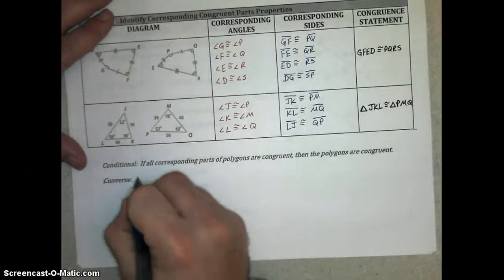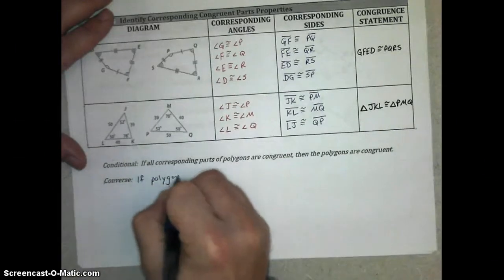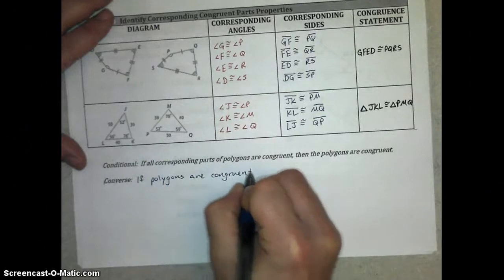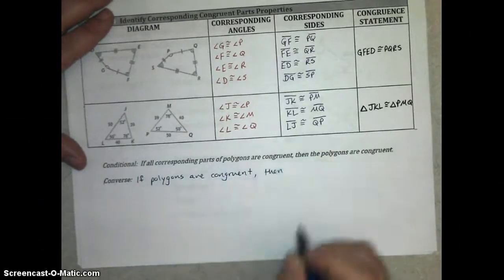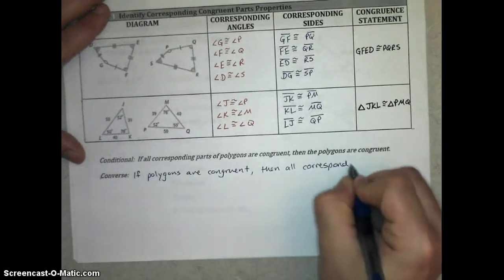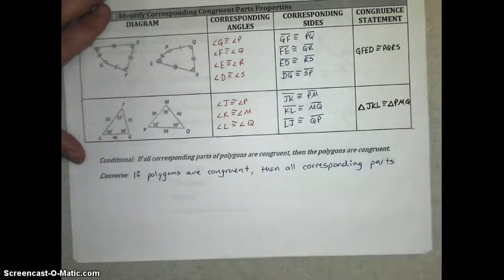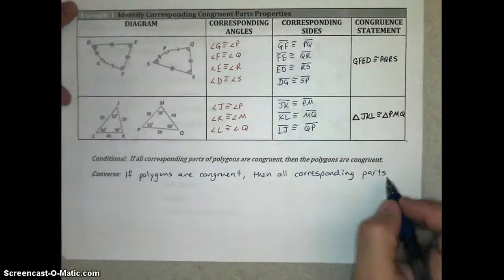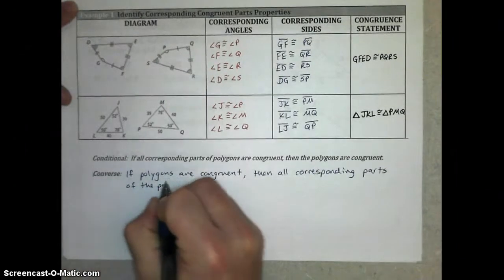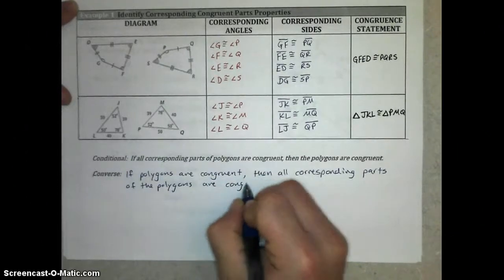So the converse is if polygons are congruent, then all corresponding parts of the polygons are congruent.